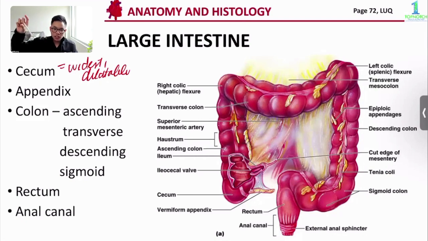You have the transverse, which is usually one of the longest, the descending, retroperitoneal, and the sigmoid area. Okay? Just writing it down here that it's the longest. And then you have the sigmoid, which is the narrowest. Okay? Then you usually would have blockage within your sigmoid area.